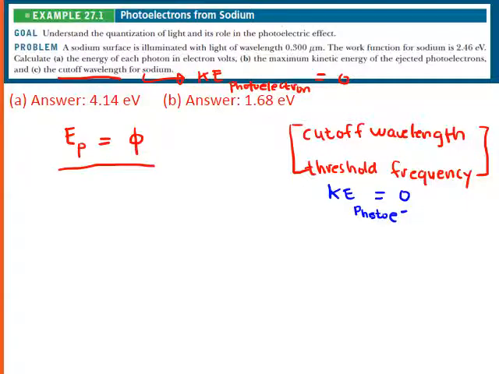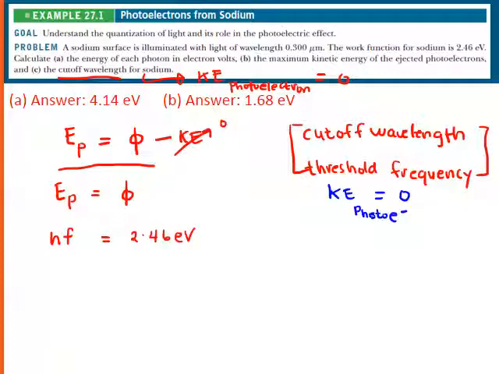The energy of the photon is equal to the work function plus the kinetic energy. But since the kinetic energy is 0, the energy of the photon is just equal to the work function, so we have hf equal to the work function, which is 2.46 electron volts.